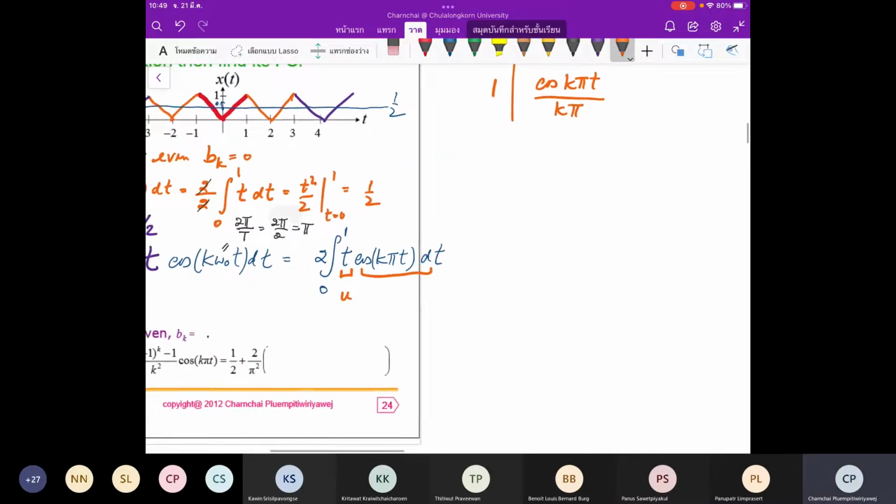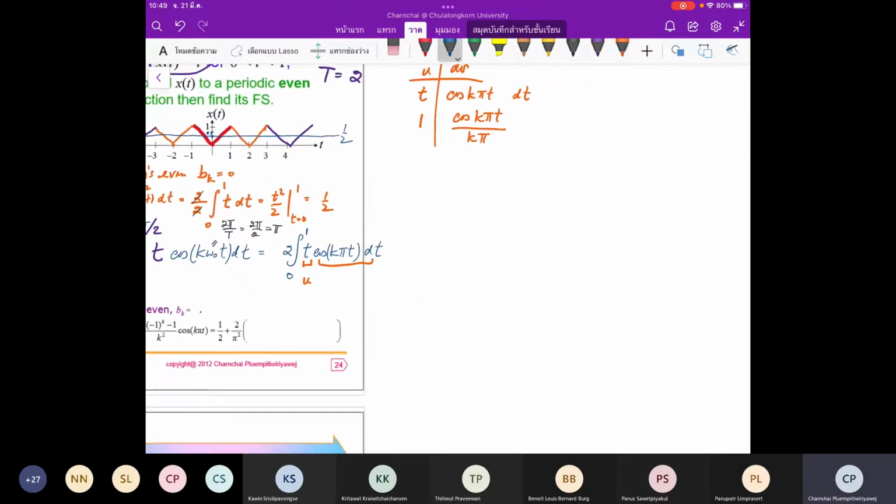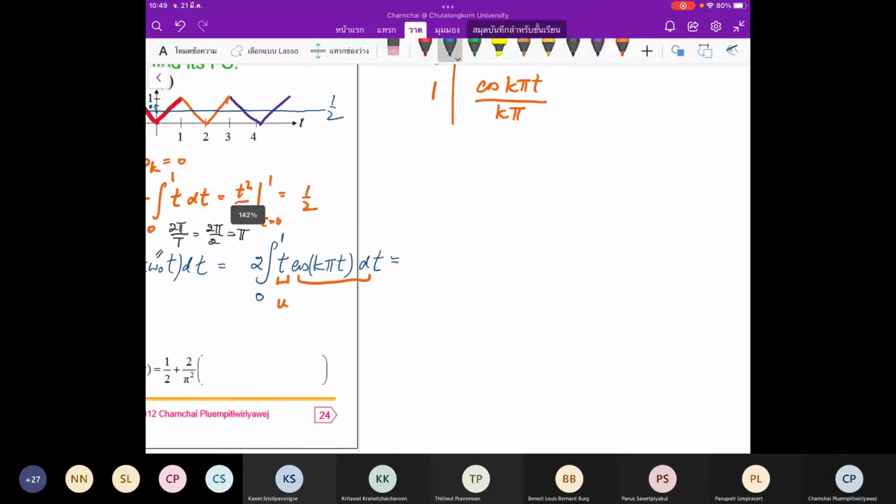According to this, this is dv, so take out the 2, and we have the integral of u dv.